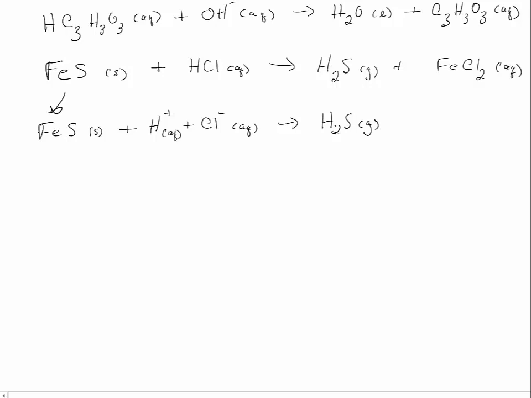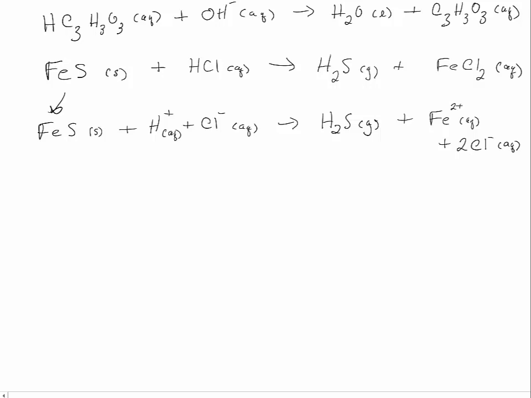So remember, the only things that can possibly split up are those that are aqueous, like the iron 2 chloride, which does split up into iron 2 and 2 chloride ions.